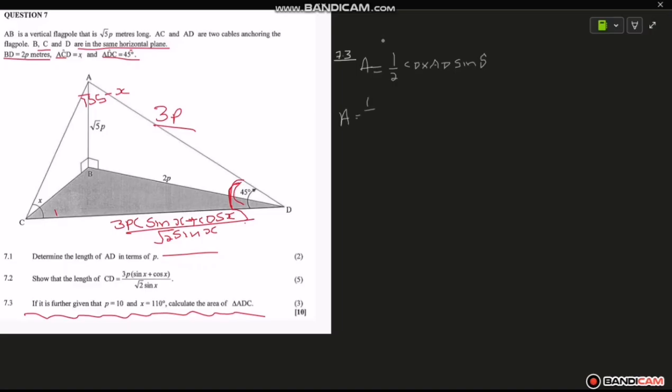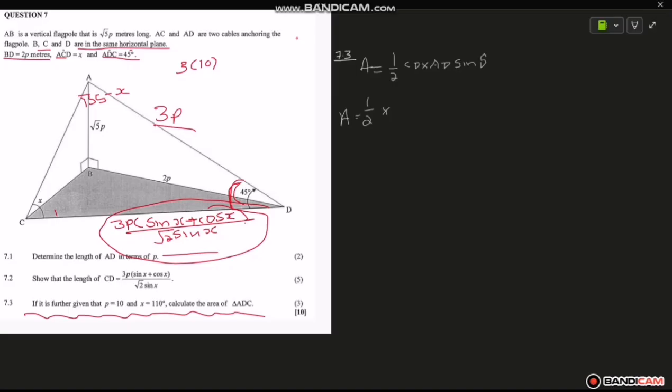So it's going to be half times, remember this is CD, let me just write it up here on the paper of the question so that we'll have space. Because if I took that to this black background here, it will never have space.